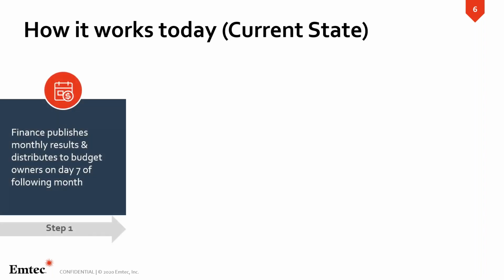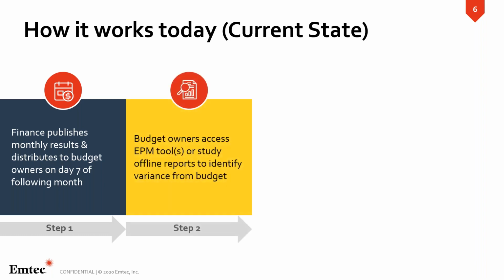But how it would basically work is, as we stated previously, finance publishes the monthly results once the month is closed on day 7 of the following month. And those results are then published out to department managers and budget owners across the organization. Budget owners then have to access the EPM tool or study offline reports to get the budget numbers together.